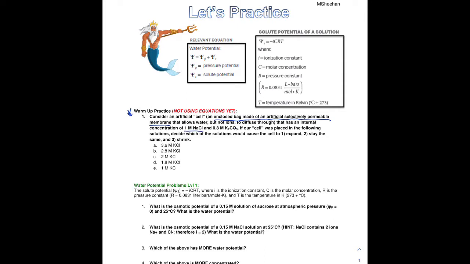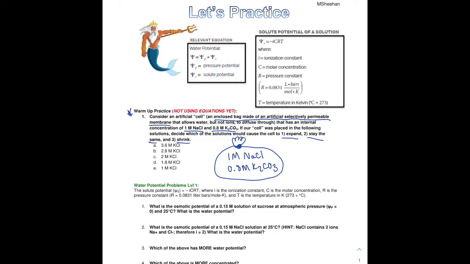It has an internal concentration of 1 molar NaCl, 0.8 K2CO3. If our cell was placed in the following solutions, would it expand, stay the same, or shrink? Well, first, we have 1 molar NaCl and 0.8 inside of our little artificial cell, we're just going to tie it off, it's a bag.